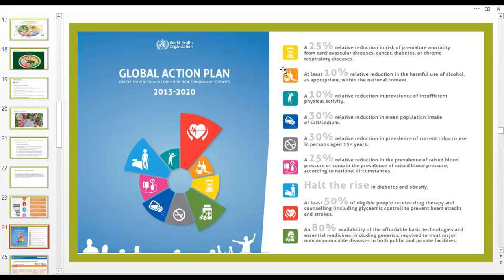It has targeted at least a 10% relative reduction in harmful use of alcohol, a 10% reduction in insufficient physical activity, a 30% reduction in mean population intake of salt and sodium, and a 30% reduction in current tobacco use, and a 25% reduction in high blood pressure, and to halt the rise in diabetes and obesity. So from two onwards, these targets are related to balanced diet and good nutrition.